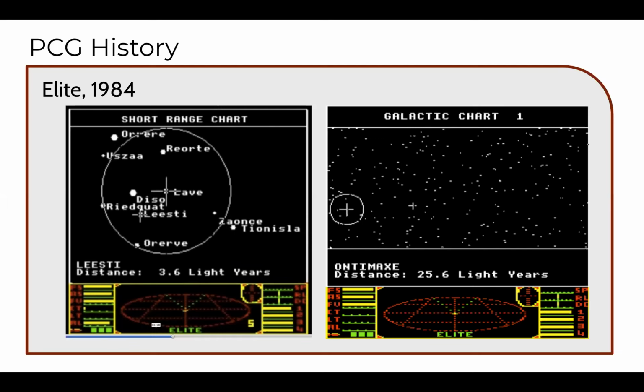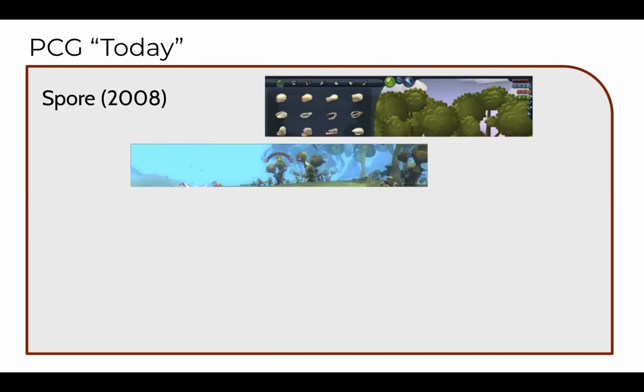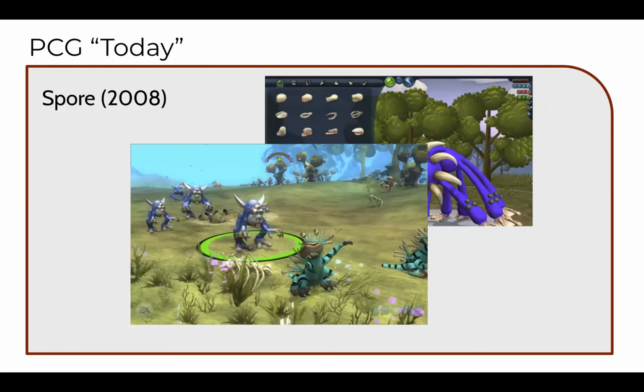So these are more process-intensive approaches to content creation rather than data-intensive, is one way of thinking about it. Yeah, so that's some of the earliest examples.